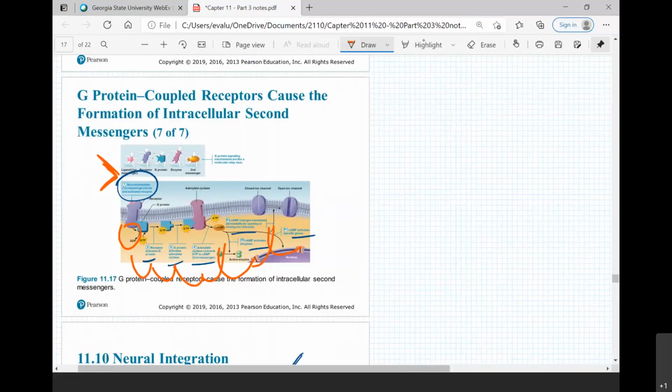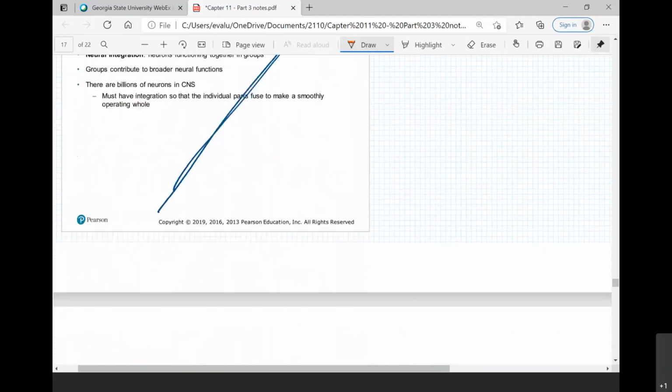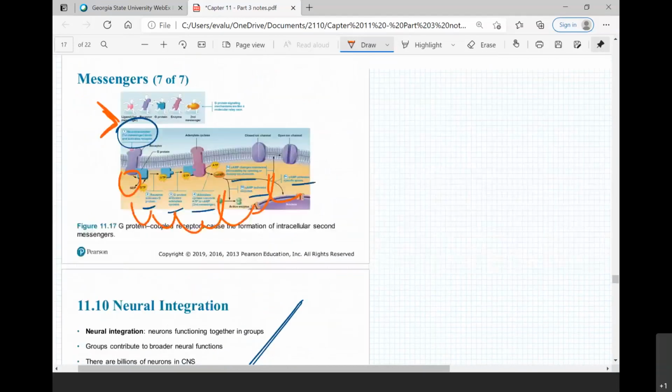You don't need to know it for my class, hallelujah, but when you get to nursing school, physiology classes, any kind of your next level of academics, more than likely you're going to come across these and you're going to need to memorize quite a few. But for my class, all you need to know is that they exist and it's an indirect path. We are not focusing on 11.10. We're not going to look at neural integration and processing, so that is where we're going to end part 3.